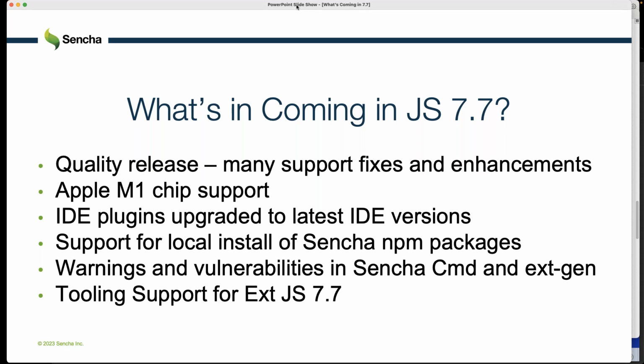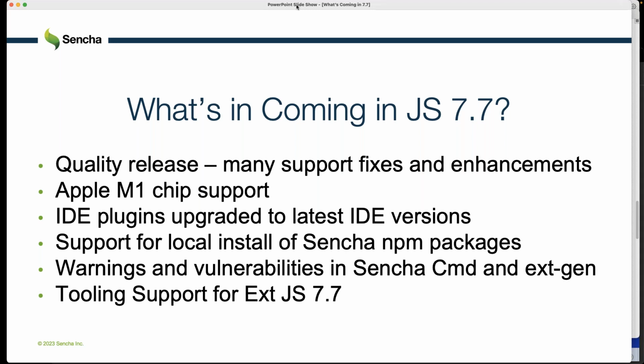And as you can see, we've got several main categories of highlights of what's in 7.7. The first one being the Apple new Silicon M1 chip support. Across the board now, all of our tooling supports the release of the Apple M1 and M2 chips that are available.